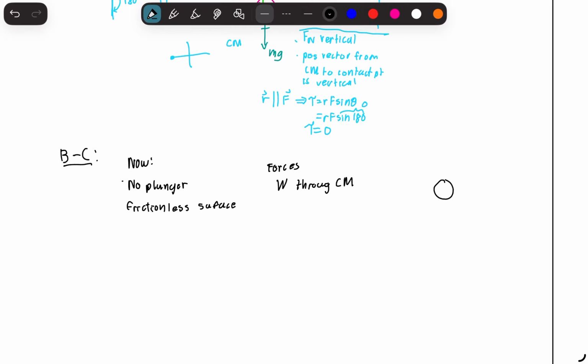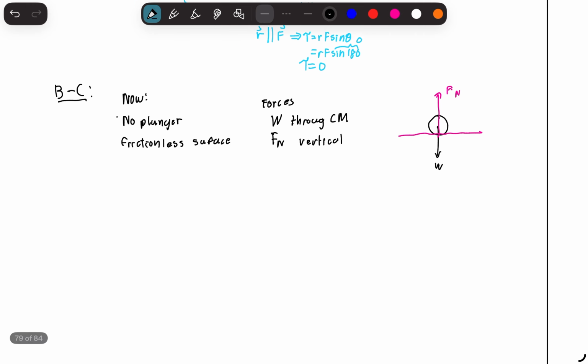So our diagram again is we still have our weight and we still have our Fn vertical, which is up. Again, our weight is going to produce no torque because it is directly at the center of mass, and R is going to equal 0.